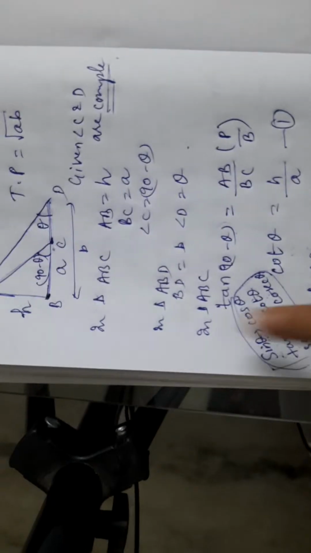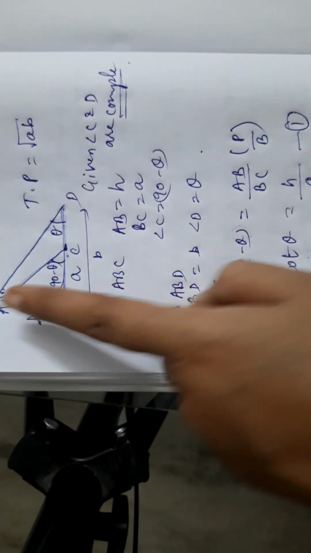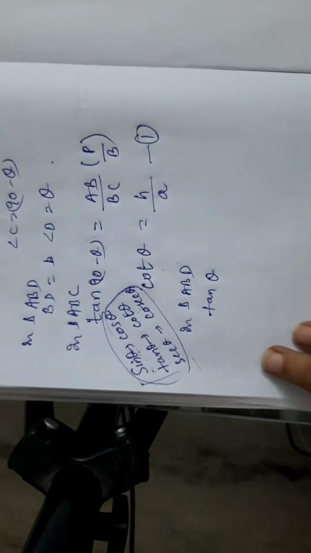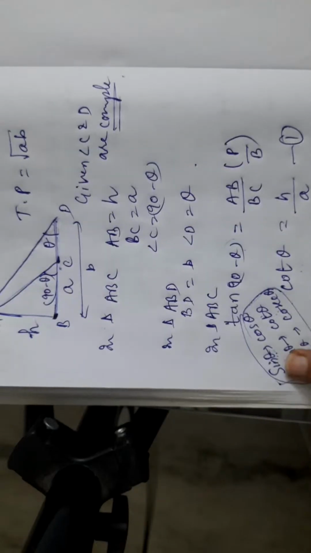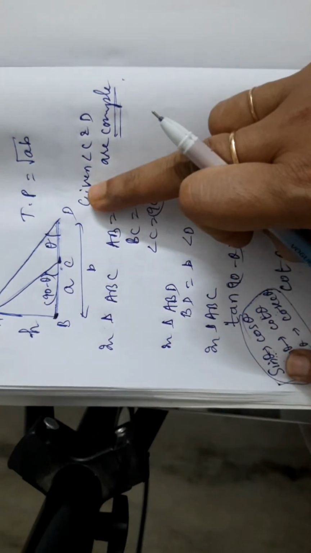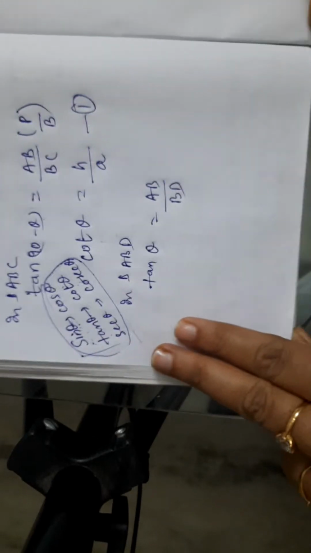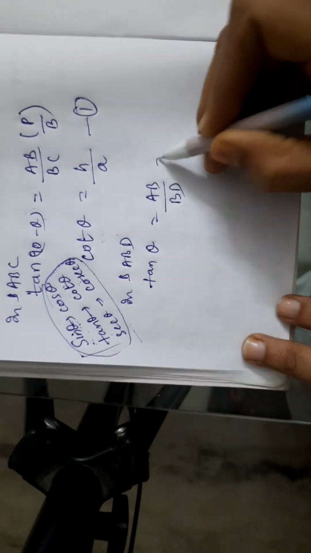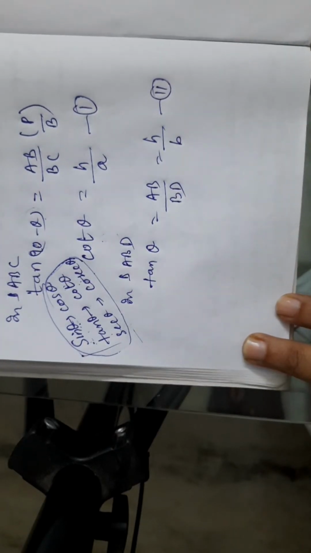Before it was tan 90 minus theta, now it is only theta. So in triangle ABD, tan theta is AB upon base. Here the base is BD. AB upon BD. Now the value of AB is H, BD is B. This is our second equation.